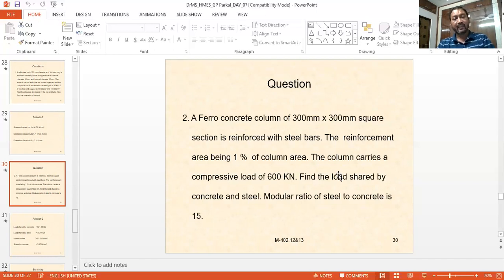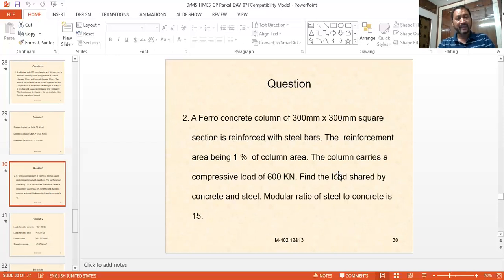But it is said that the reinforcement area is 1% of the column area. So the area is coming to be how much? 90,000. In that, the 1% area is the area of the steel. So the total area is 90,000, and in that 1% of area is steel.